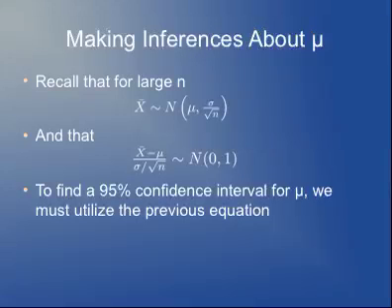And likewise, if you take x bar minus mu divided by sigma over the square root of n, that should be normal with mean 0 and standard deviation 1. To find a 95% confidence interval for the population mean mu, we can use this equation, and I'll show you the steps on the next slide.